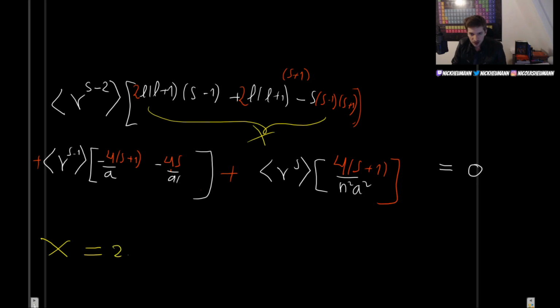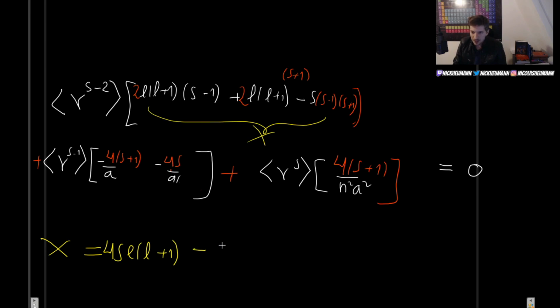So if we factor 2l, l plus 1, we get s minus 1 plus s plus 1. So the ones cancel out, right? This is considering this term and this term. And we get 2s. So we can actually write this as 4s times l.